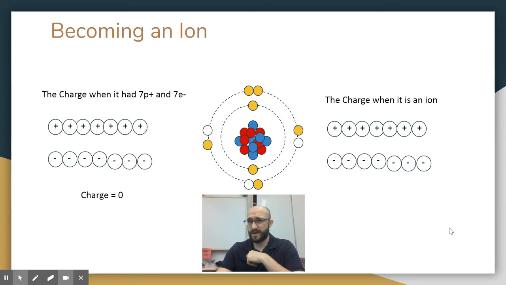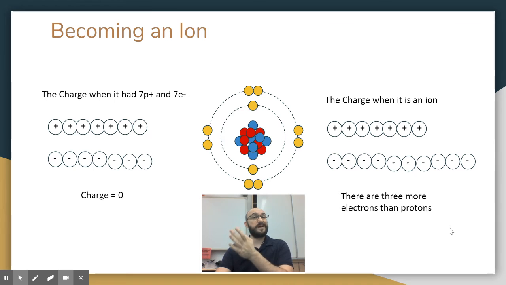The easiest way to get a full valence shell is not to lose 5, but to gain 3. But now, look at this. We have 3 more electrons than protons. Since we have more electrons, our charge is negative. Since it's 3 more electrons, the charge is negative 3.